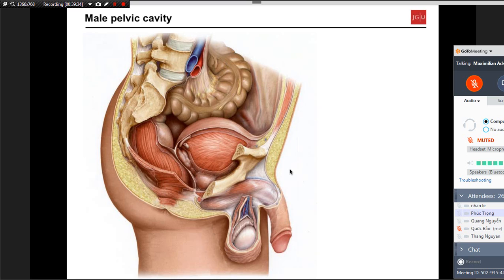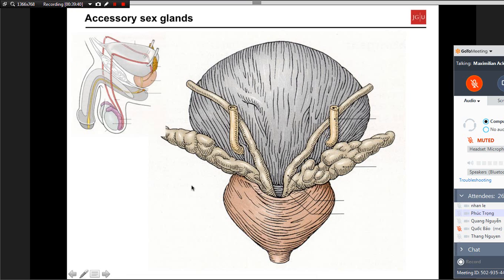What about the male? You see, this is the cross section. It's much higher here. So we have accessory sex glands, located just on the back of the bladder. You have the ureters on both sides. Then you have the vas deferens, the ductus deferens. Around the vas deferens you have the ampulla of the vas deferens, and there you have the seminal vesicles.